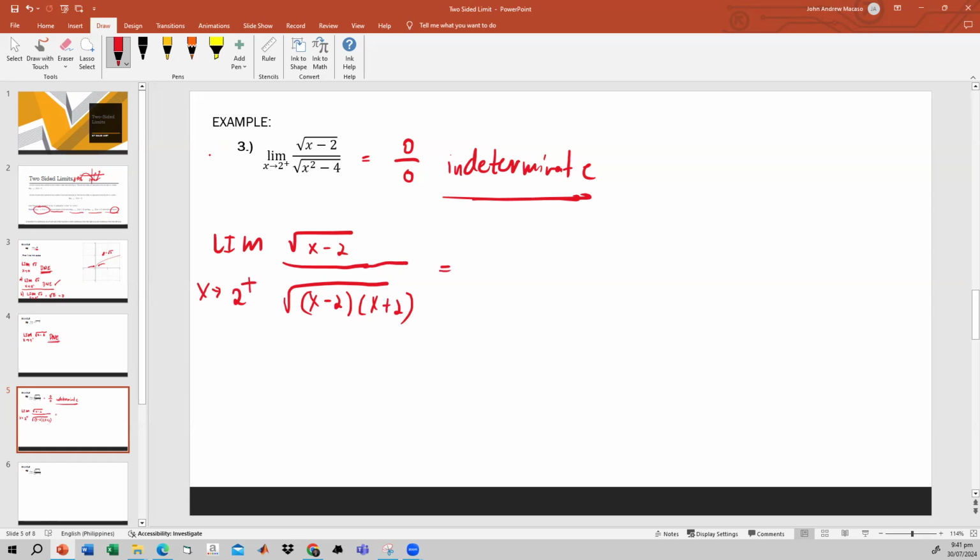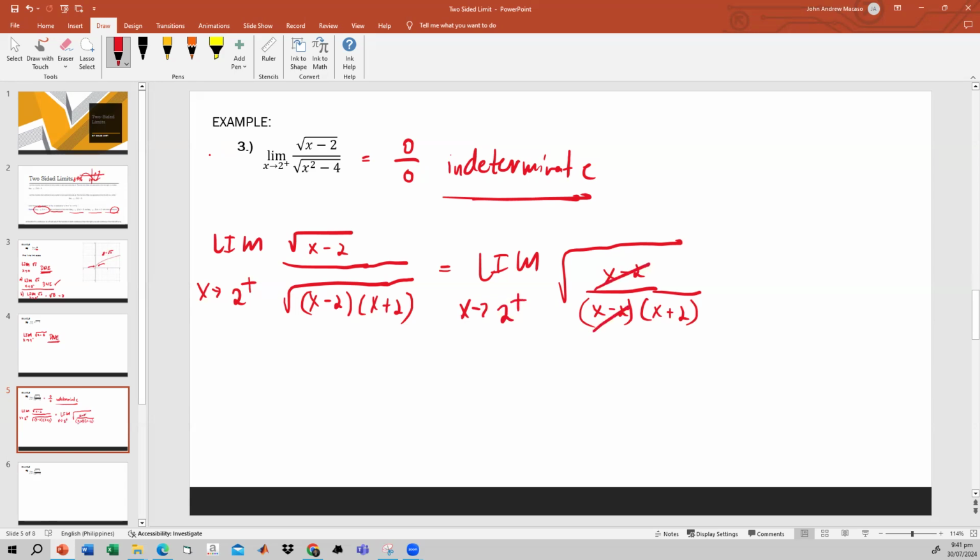Then you will see now, class, that if you simplify this one, applying the exponent, this can be written as the limit of square root of x minus 2 over x minus 2 times x plus 2. So this whole thing can be written with the square root outside the function. In that case, you will see that this can be canceled out.